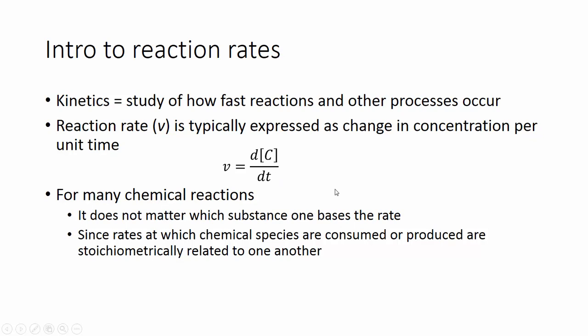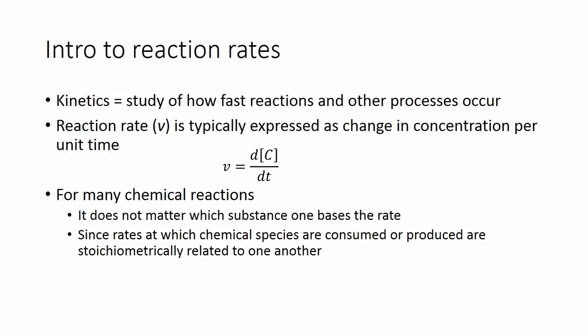For many chemical reactions, though, it does not matter on which substance one bases the rate. Like I said, it could be change in concentration of substrate, or change in concentration of product over time, since the rates at which chemical species are consumed or produced are stoichiometrically related to one another based on the stoichiometry of the specific reaction.